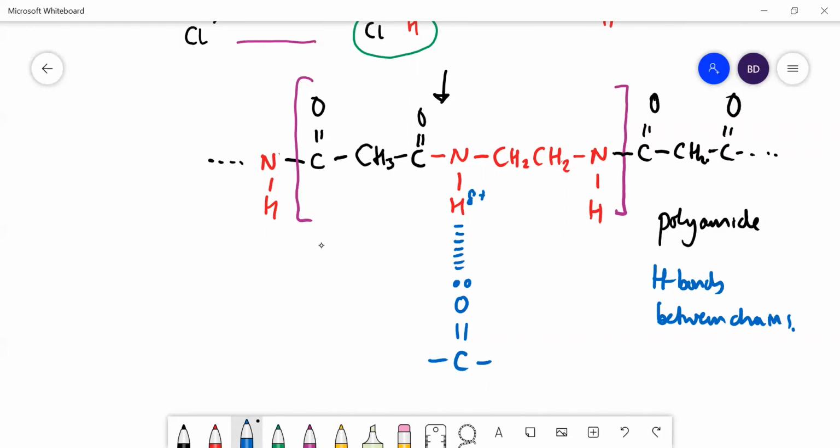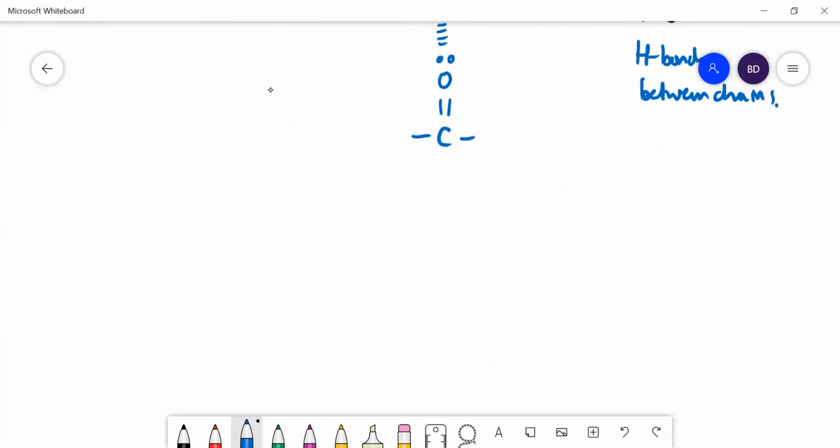Okay, there are two polyamides which you need to know about on the specification, so I'm going to name them now. One is 6,6 nylon, and the reason why it's called that is because it's formed from a monomer which is hexanedioic acid. So you've got 6 carbons here.